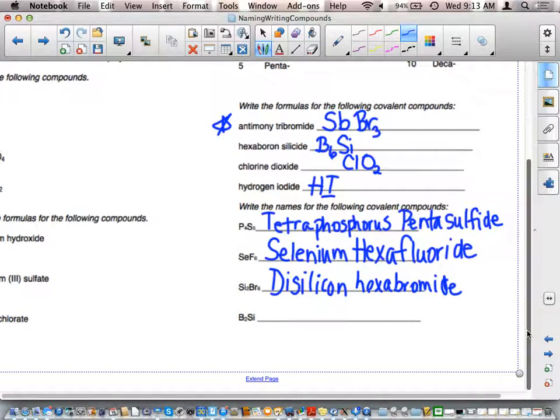Good. This next one, 2 of my symbol B, so I have diboron. And then Si is silicon, and I should really say monosilicide. However, if you don't use that mono for this particular one, that would be okay.